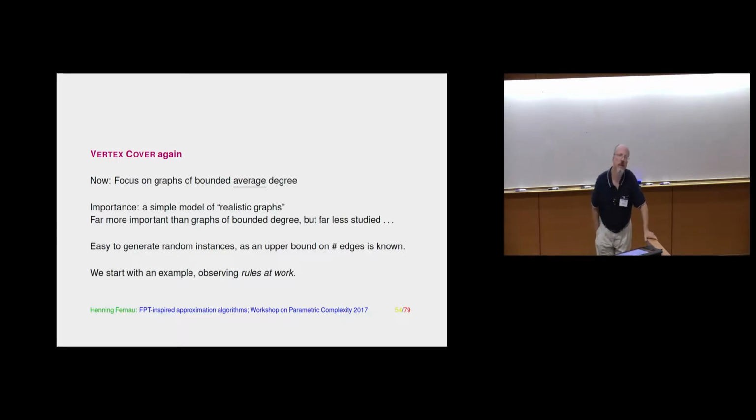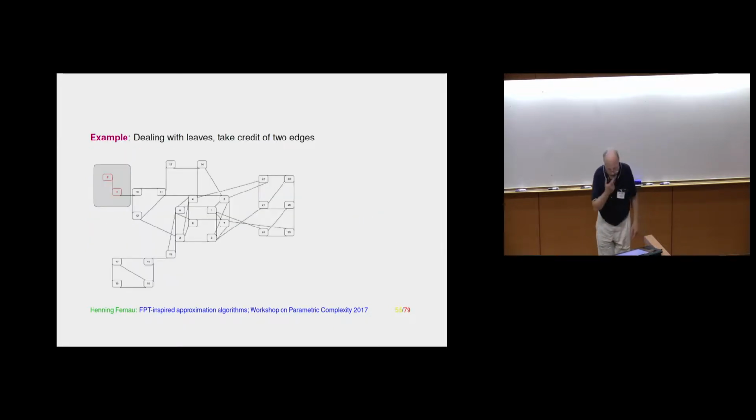And that's all good, but there are also many pitfalls around these bounded average degree graphs, as I will soon explain. But just as a starter, I'd like to work with you through a very simple example, namely this graph.